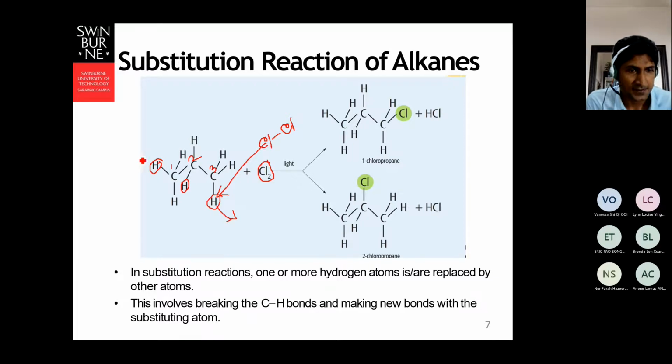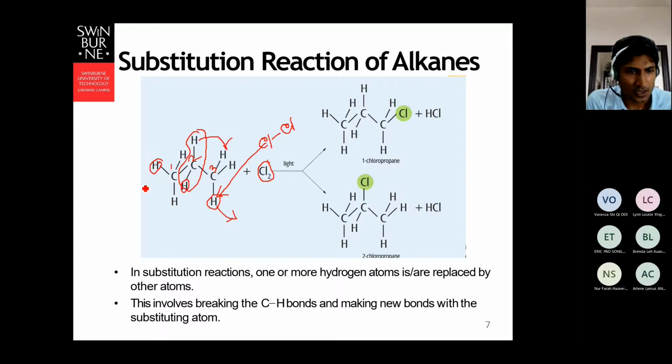But there is a difference because these 2 hydrogens are different. This carbon is different from 1 and 3 because this is in the middle, right? So these 2 hydrogens will be different from this hydrogen because of their position, not because of how the atoms look, but because this is the middle position.